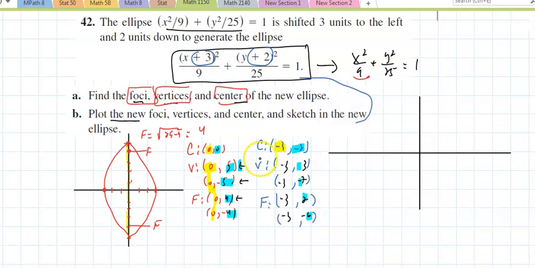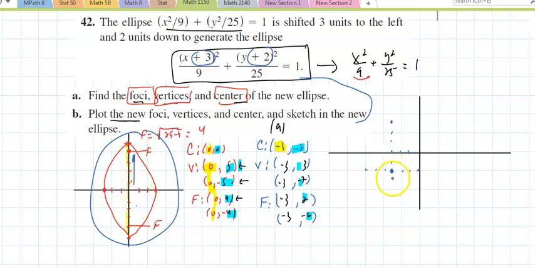And now if I would go ahead and do what they want. First, I already answered part A clearly right there. And plot the point, guess what? I got everything that's needed. The center is at -3, -2. And all I have to do is mimic what I did there. Move to the right 3 units, 1, 2, 3, and to the left 3. Go up 5 units and down 5 units, 1, 2, 3, 4, 5.